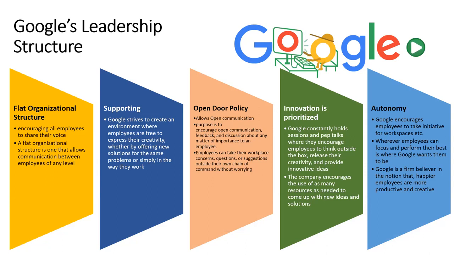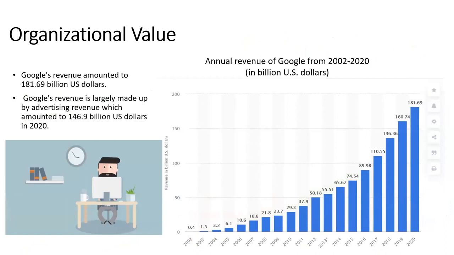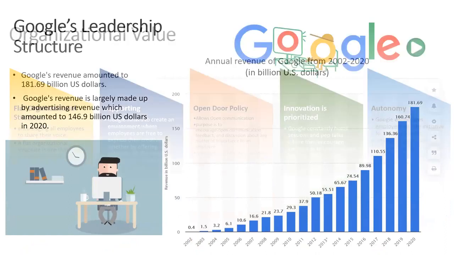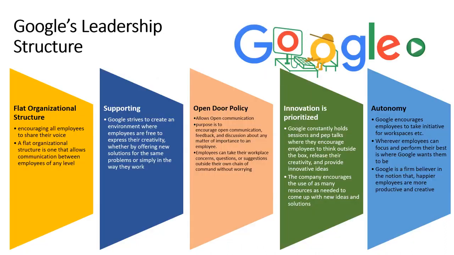So you want to keep them in the loop by giving a brief summary of them, right? And then once again, the reason why I include organizational values is because I want to show how well Google is doing with participative management. This is actually one of the most unique qualities of Google, right? And this is actually what I feel has been one of the most helpful aspects, right? So this is just another example of that.